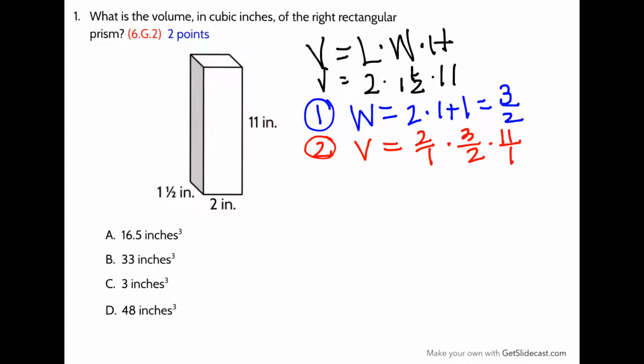Now you can go ahead and solve that and find your answer.